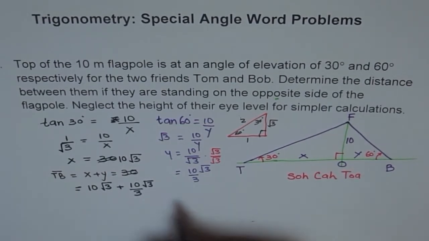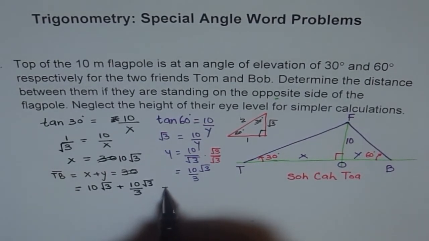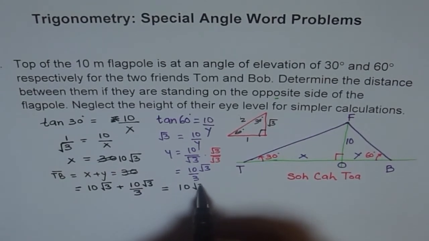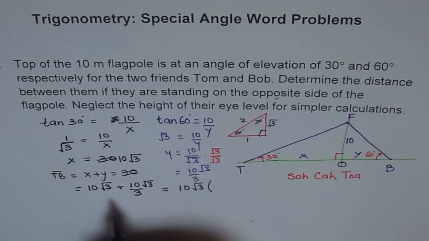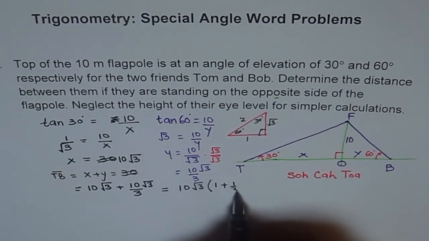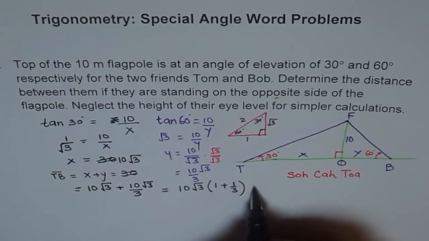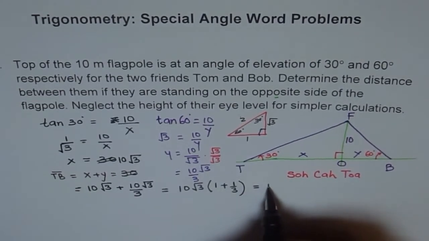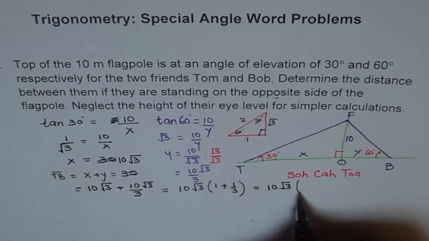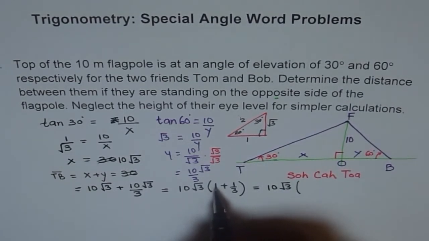Correct. So total length is, I can take 10 square root 3 common. So you get 10 square root 3, factor this out, and you're getting 1 here plus 1 over 3 here, correct? Now let me simplify it further. We take common denominator, so 1 could be written as 3 over 3, right?